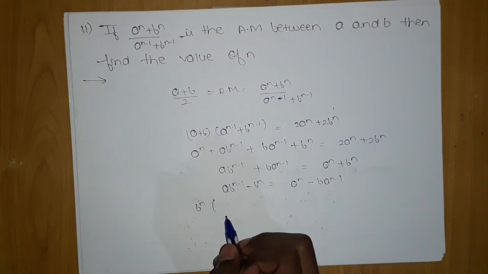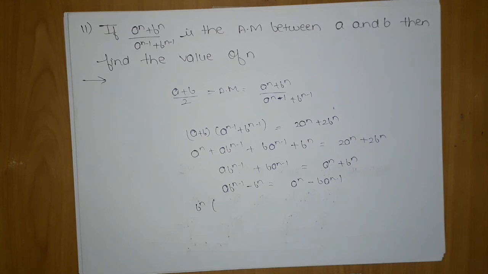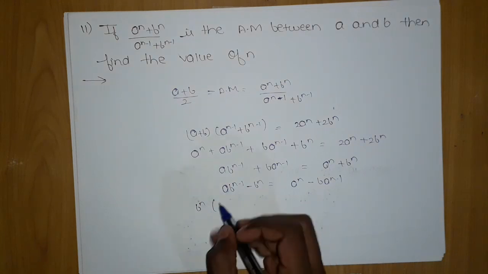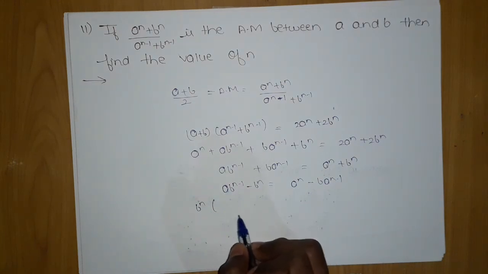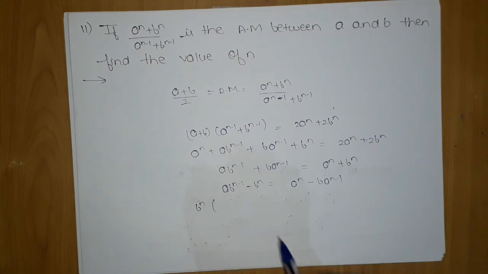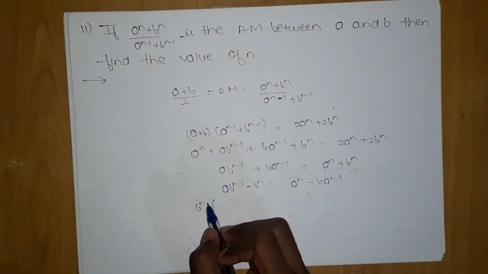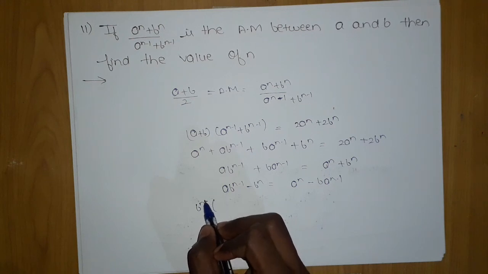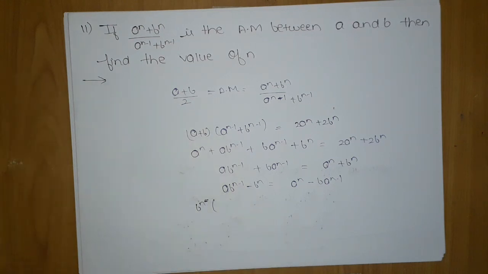This will become b minus... if I take b minus 1 common, b^n, which value should I take common?